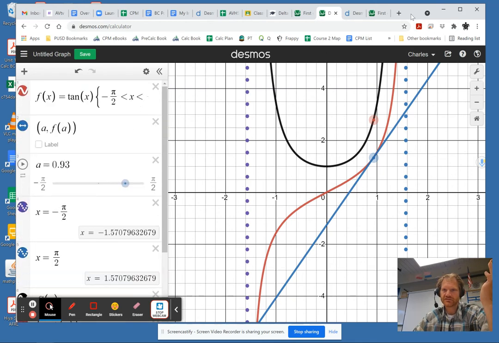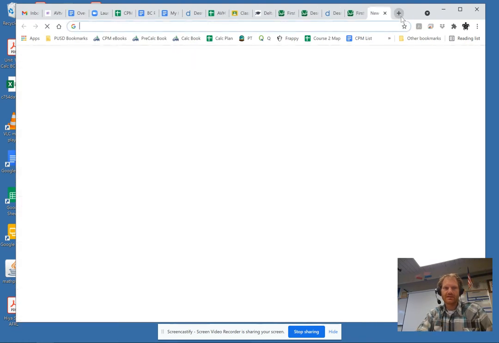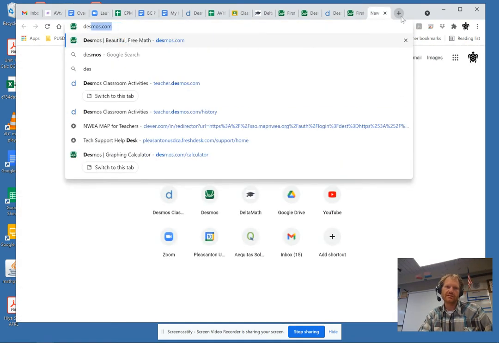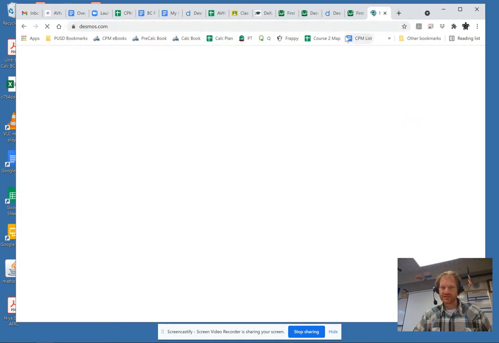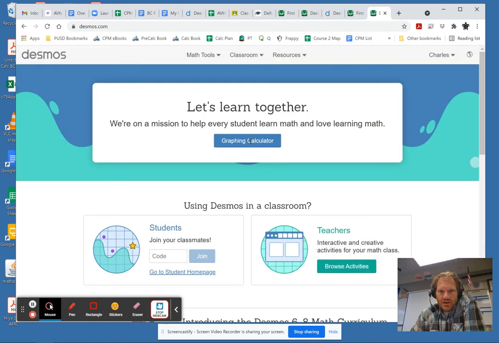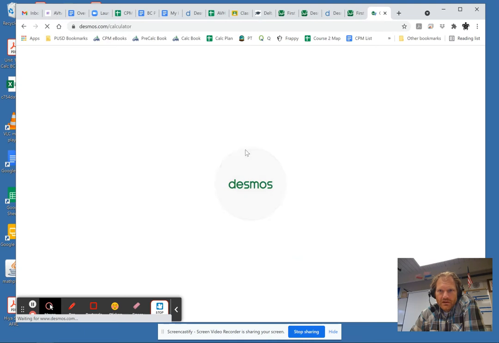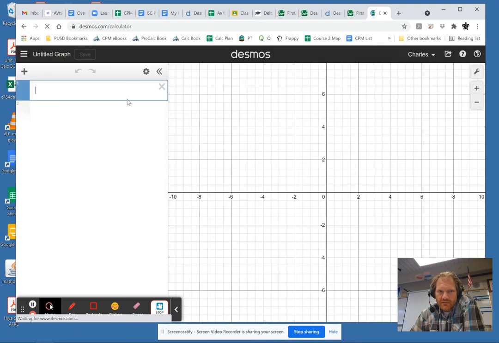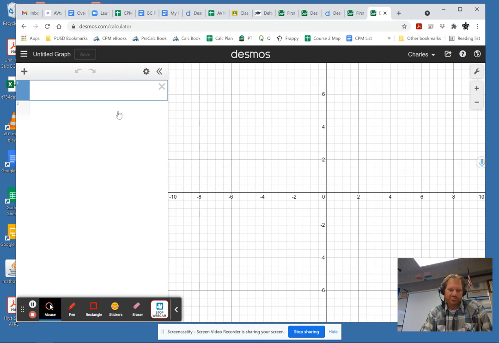So let's start with a new function because I talked a lot about the power rule, and instead of a trigonometric function, let's say we have a power function.